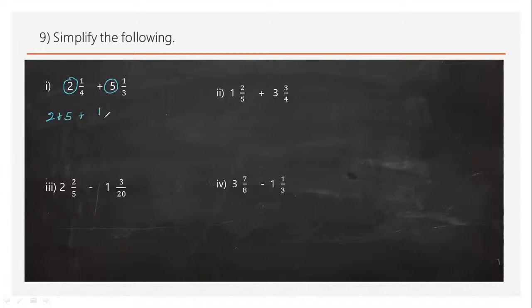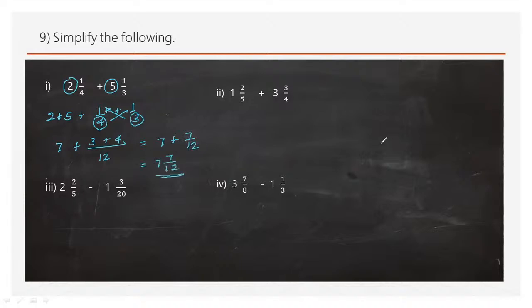Plus 1 over 4 plus 1 over 3. 2 and 5, 7 plus. Then in this way you can add this part. 3 times 1, 3. 4 times 1, 4. Then 4 times 3, 12. You can write the answer here. 7 plus, 4 and 3, 7 over 12.